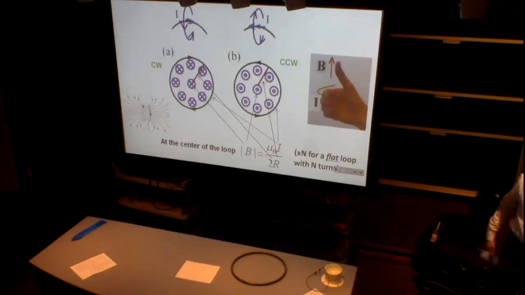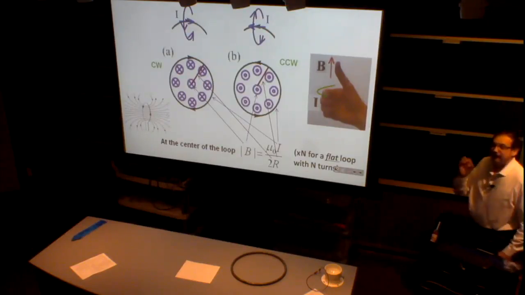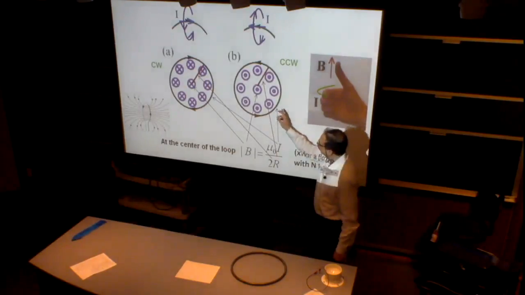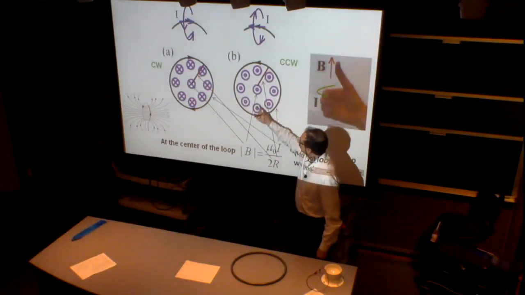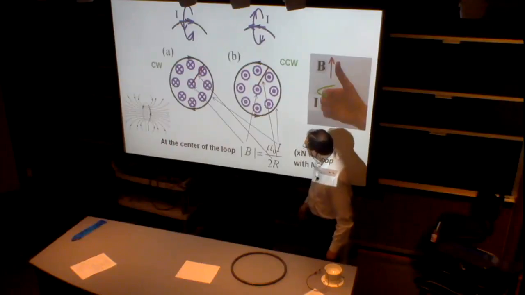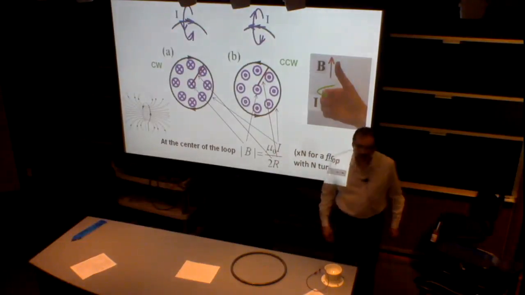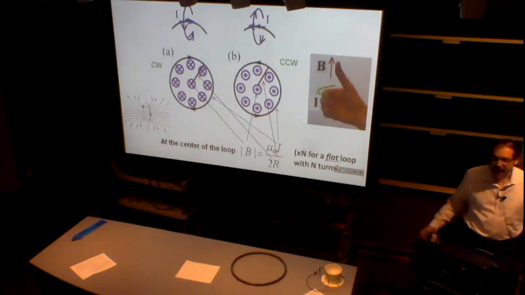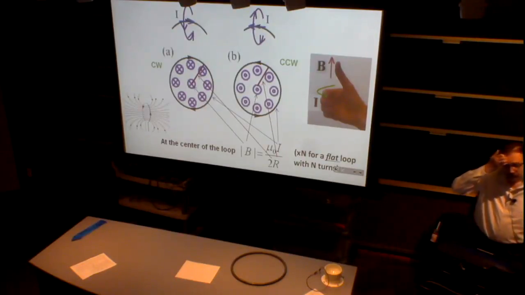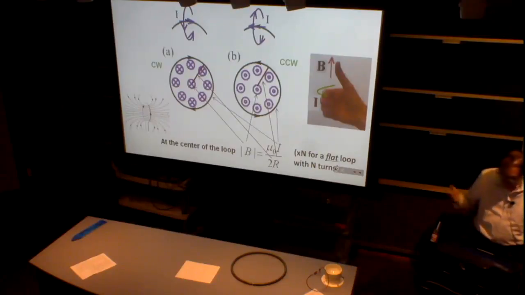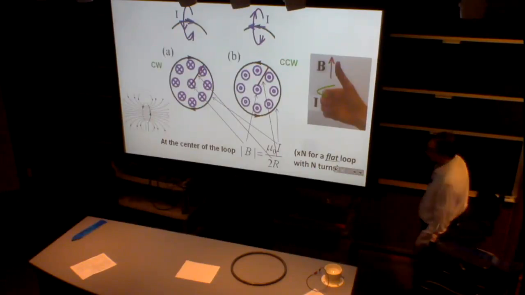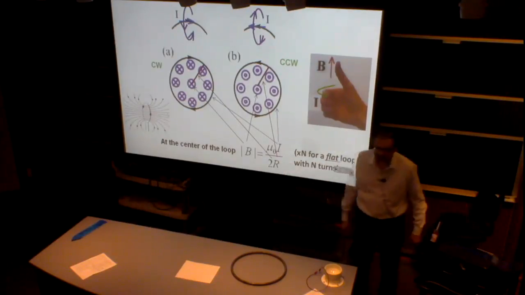To calculate the strength at the center, because inside the loop technically it changes, but at the center, the strength is, again, proportional to electric current and inversely proportional to radius. The difference between this equation and the equation for a straight line is a pi, the number. There is no pi here. That's it.